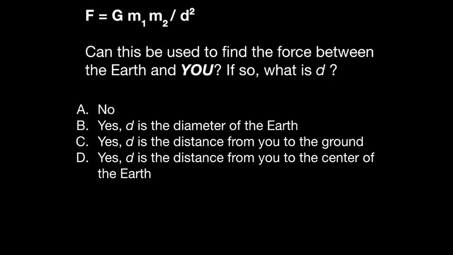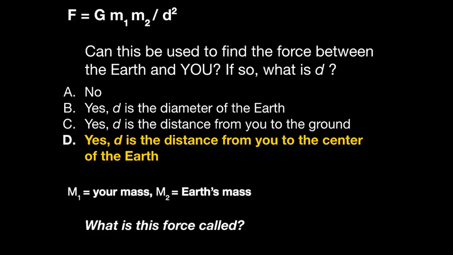Do you think this formula can be used to find the force between the Earth and you? If so, what is d, the distance? It can, and d is the distance from you to the center of the Earth.